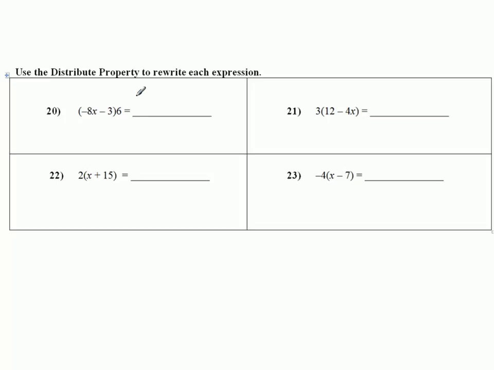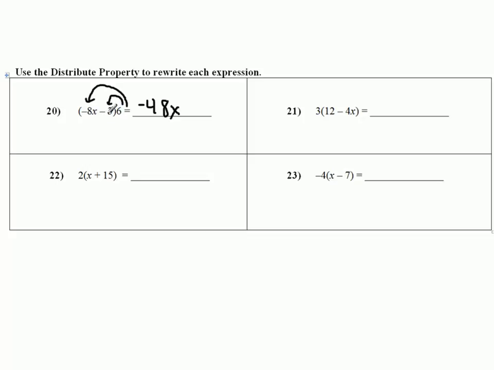When you're talking about distributing, just like Ms. Fasano and I distribute handouts, you're talking about giving stuff out. When we learned this, we learned about how to draw these kinds of arrows to help us remember. And this operation is always going to be multiplying. So I'm going to be multiplying 6 times negative 8x, and I'm also going to be multiplying 6 by negative 3. So start with 6 times negative 8x. I will get negative 48, and just stick an x next to it.